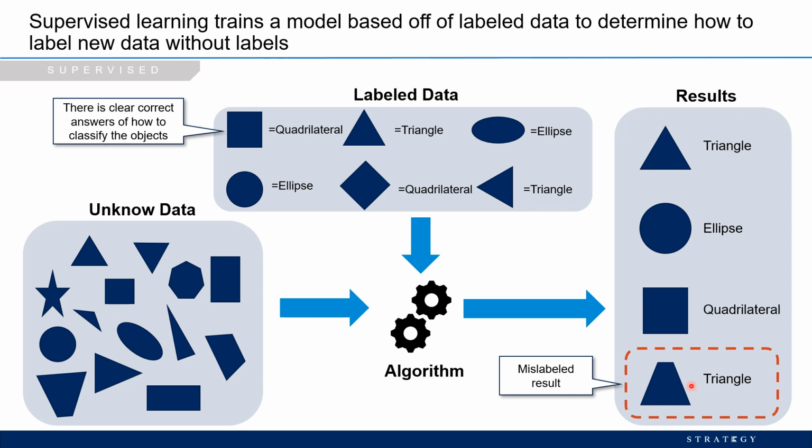What overfitting means is you train it on so much labeled data that the model becomes very good at predicting the labeled data, but it won't do very well with unknown data.